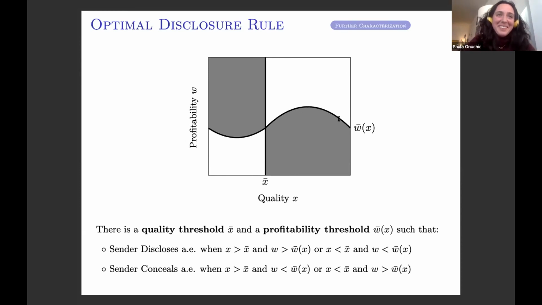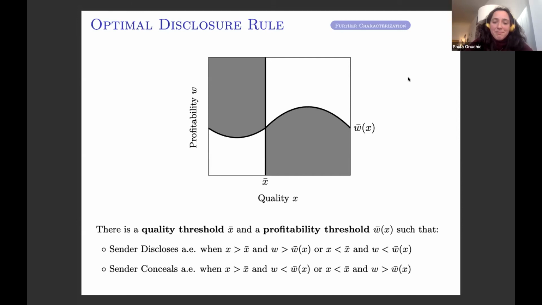So it's always interior. I don't know, it has to be, but I can tell you more. So for instance, let's say that there are just two profitability levels, low or high. It's always going to be between the low and the high. So at least somewhere this function is going to be between these two things.